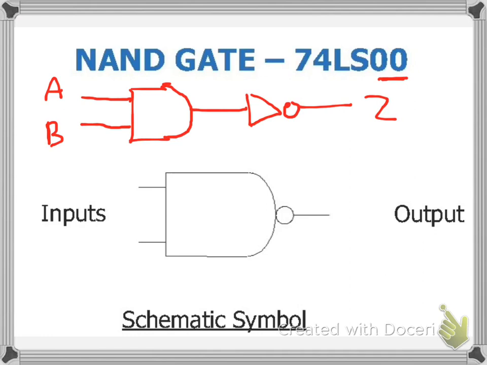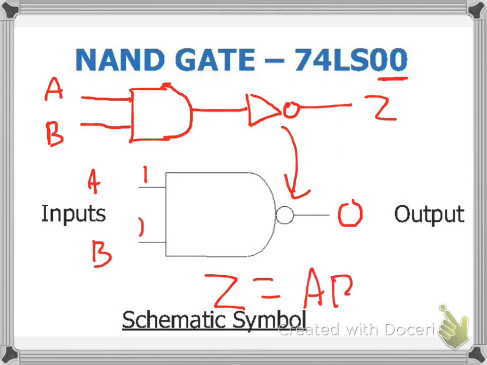So we have a bubble there, a bubble, not a solid circle. The output Z will be 0 if inputs A and B are both 1.